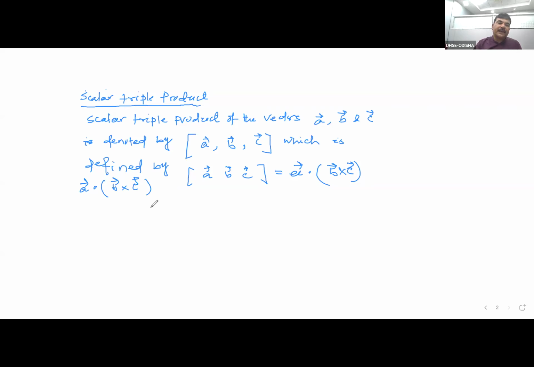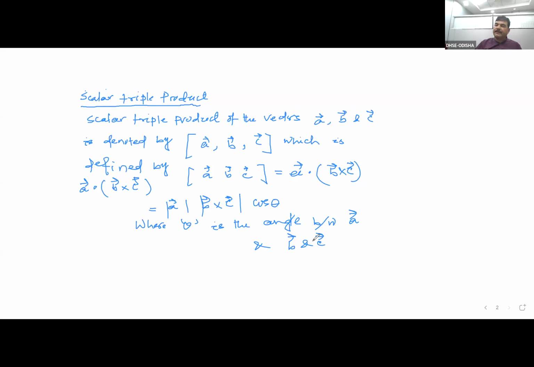So A dot B cross C is defined as A mod into B cross C mod into cos theta, where theta is the angle between vector A and B cross C. Okay, this is called scalar triple product.